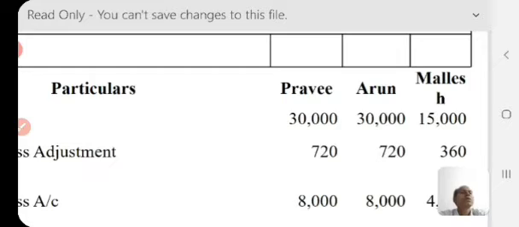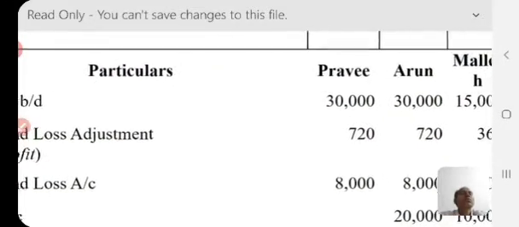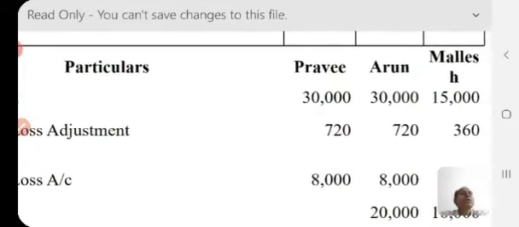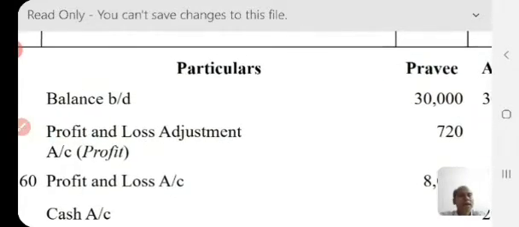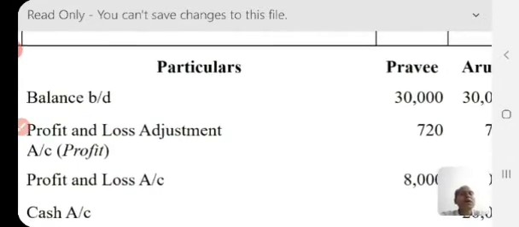So 30, 30, 15, that is equal to 6, 6, 3, and 6, 6, 3 is the ratio 2 is to 2 is to 1. So 30,000, 30,000, 15,000 is the balances of the capitals.